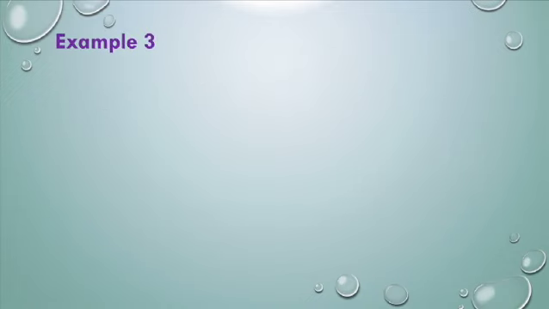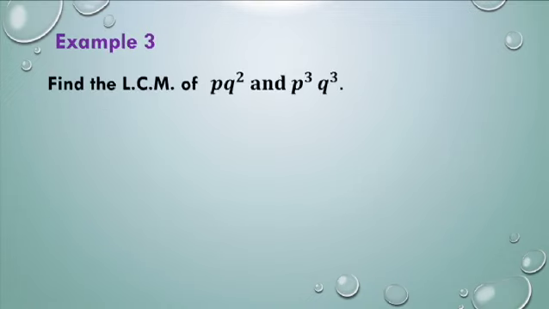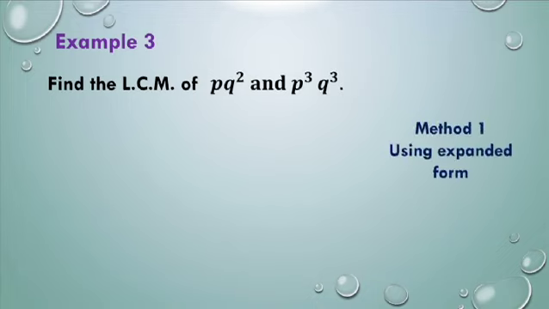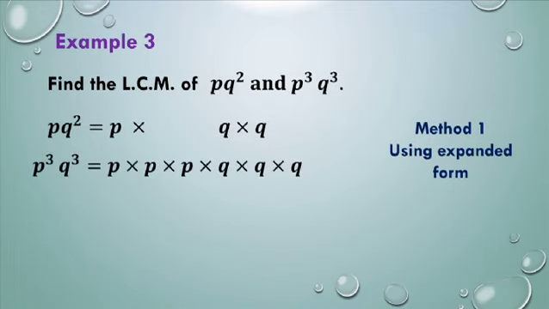Next example, find the LCM of pq² and p³q³. We use the method of expanded form. So pq² can be written as p times q times q. p³q³ can be written as p times p times p times q times q times q.